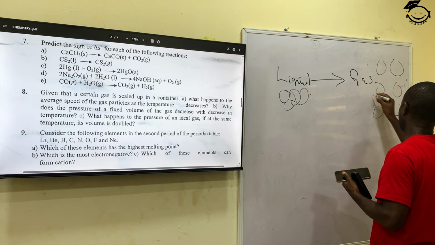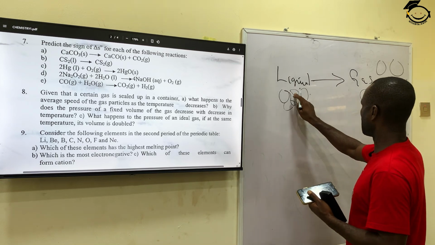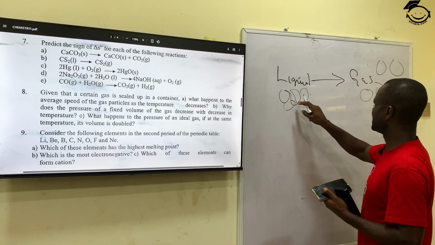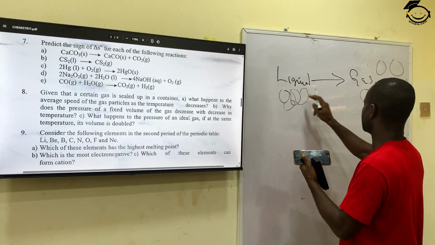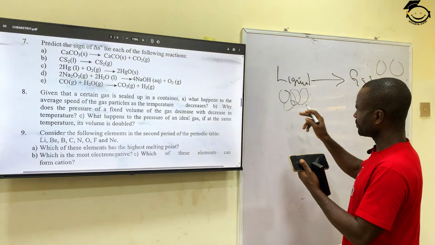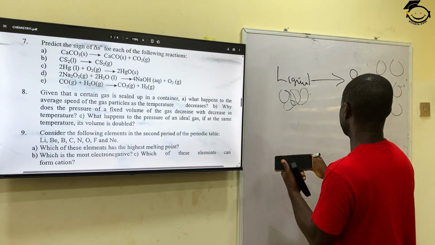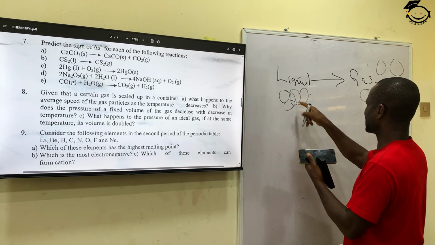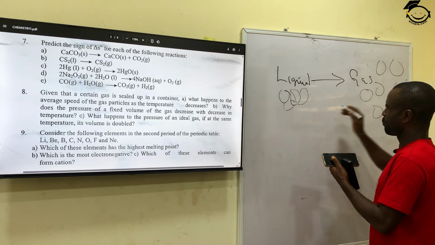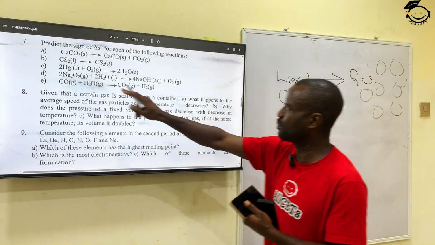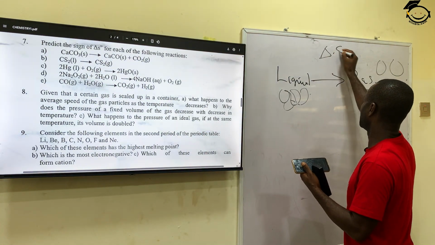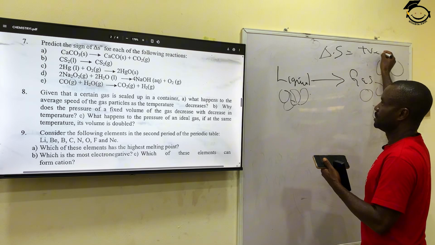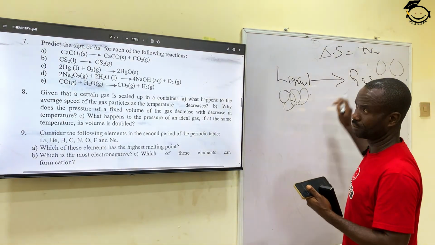They occupy more volume, because in the liquid state the molecules are bonded together and the degree of movement is less. So when it moves from liquid to gaseous state, entropy change is positive. The degree of disorderliness is more.